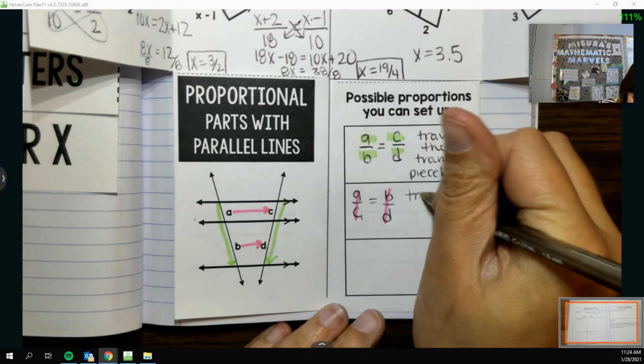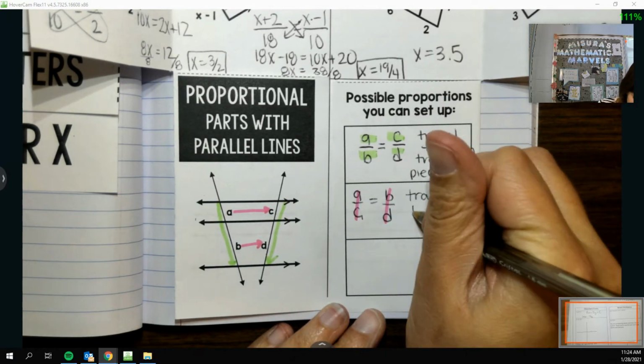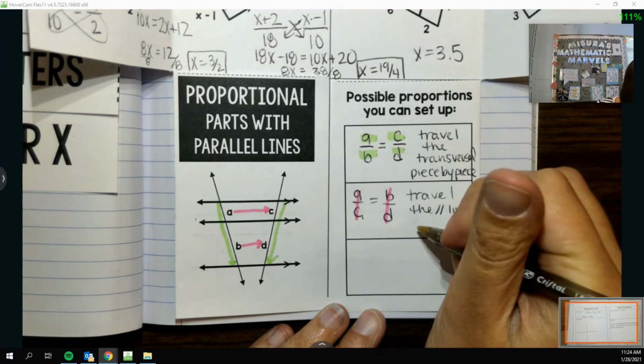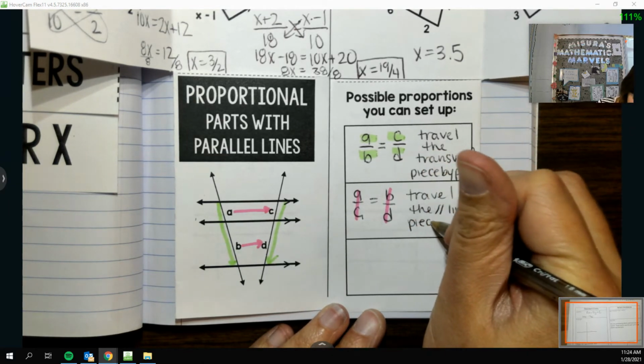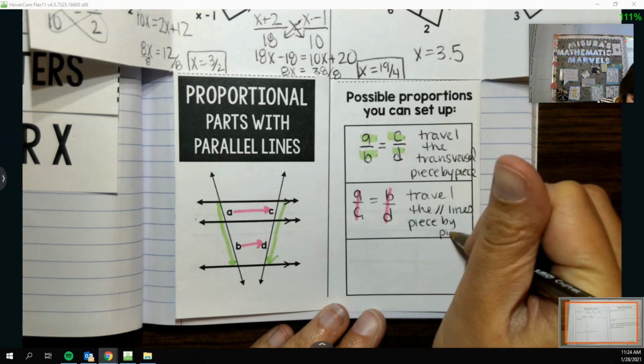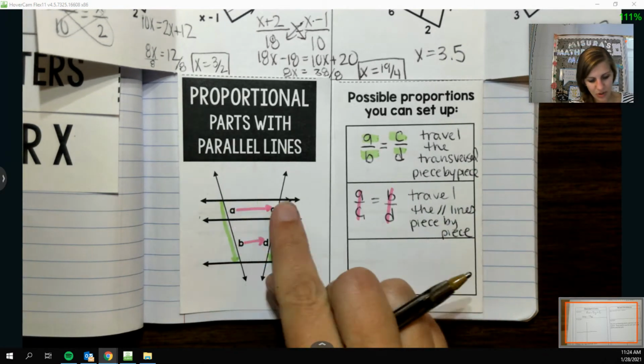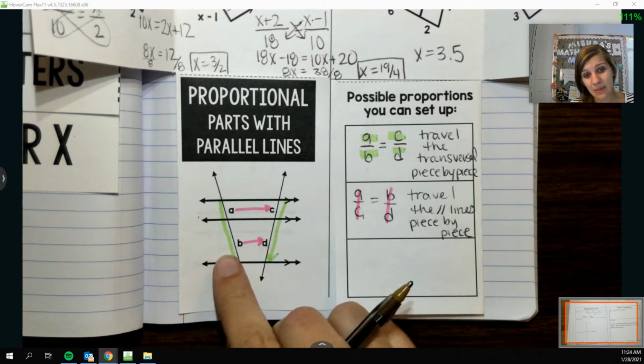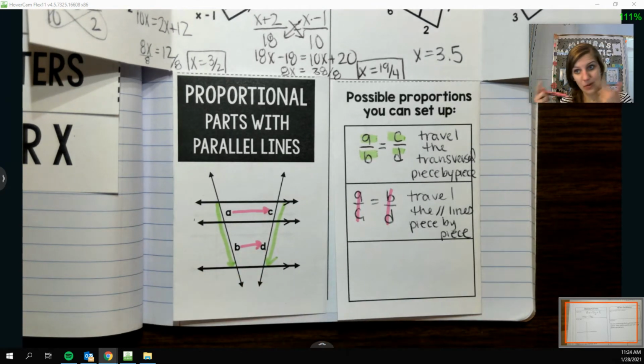So travel the parallel lines piece by piece. Or you could write CA over DB. You can go the other way because it's reciprocated, so it's kind of the same.